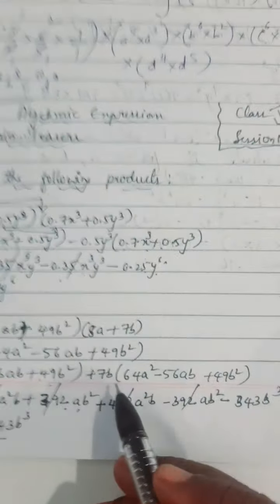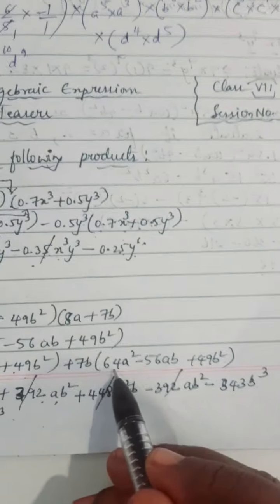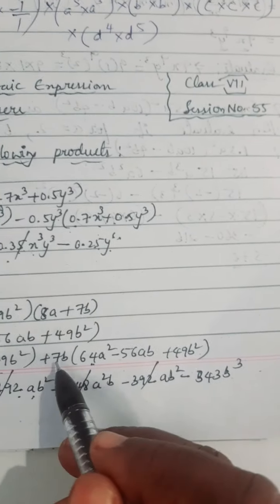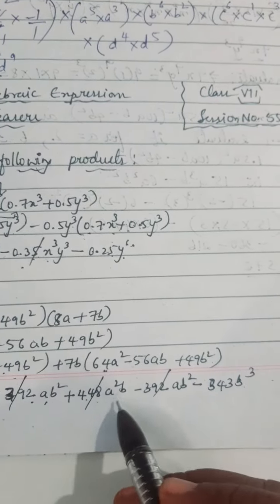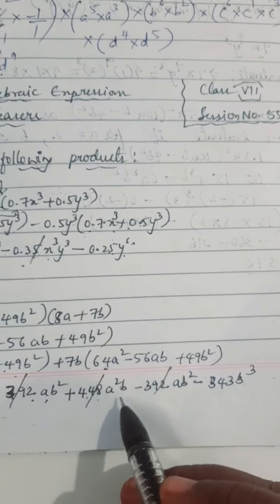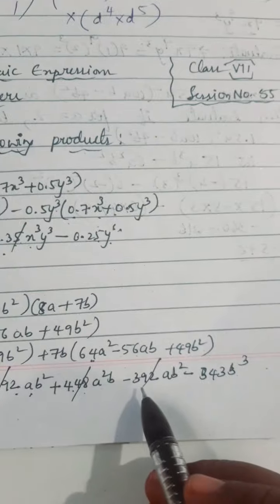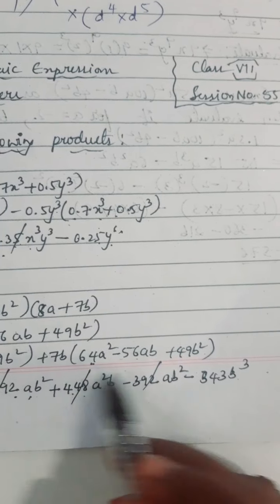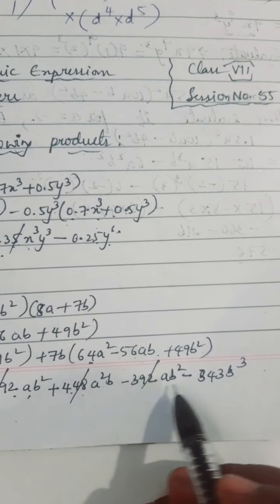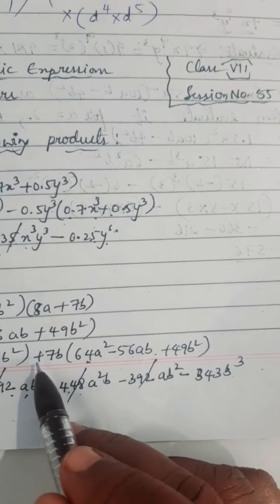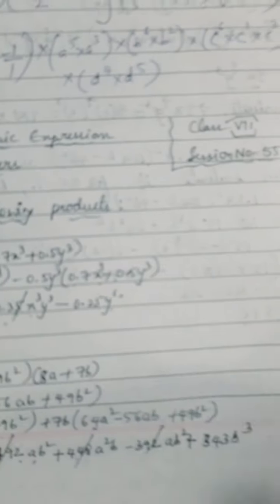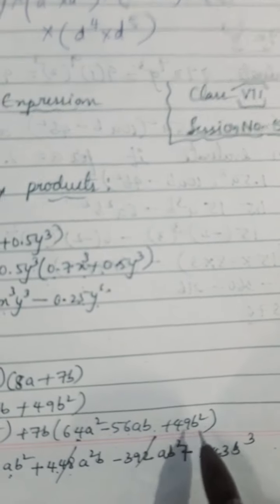Then in the next term 7b into 64a square. 64 into 7 will be 448 a square b, plus into minus is minus. 56 into 7 is 392 a b into b is b square. Now you have 49 into 7 which is 343, b square into b is b cube.